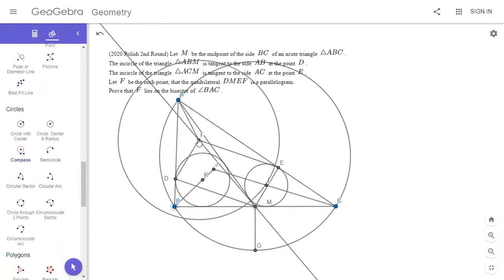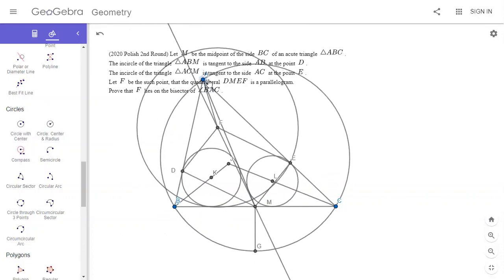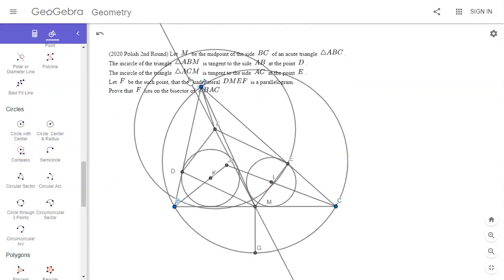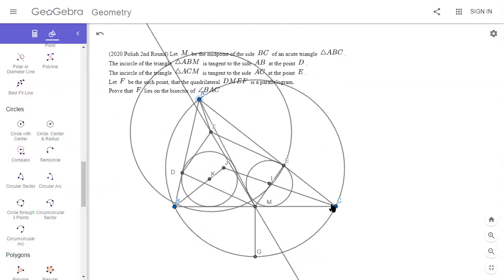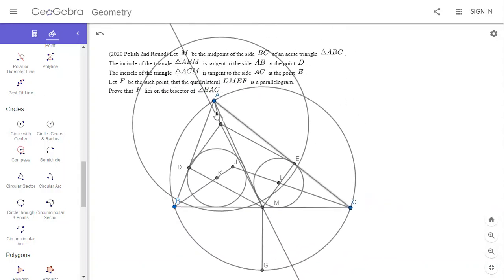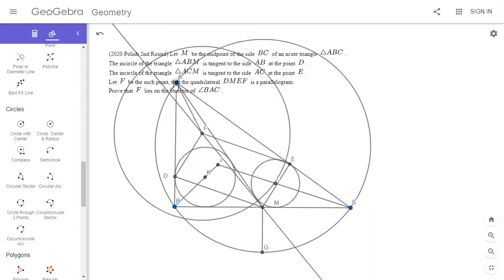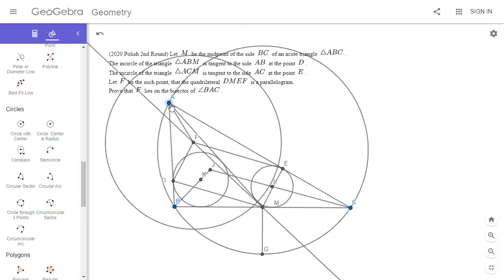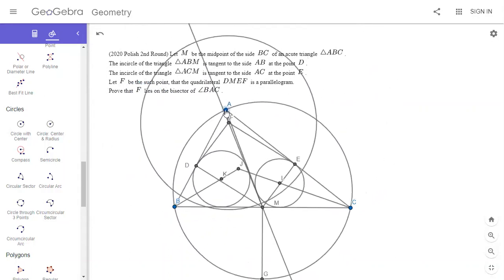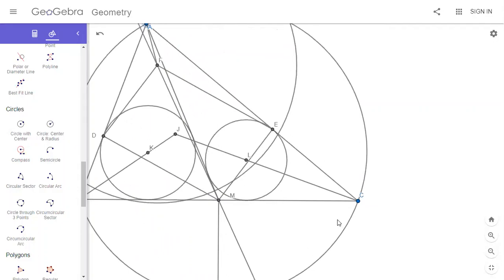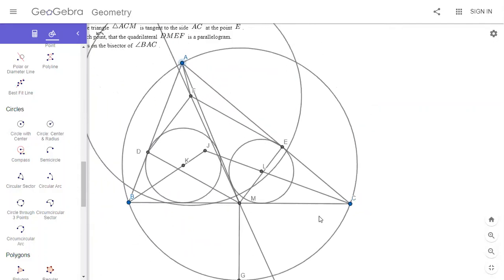Got this handy compass tool. Let's see. Let me try. It's a little tricky. FP is equal to BM.